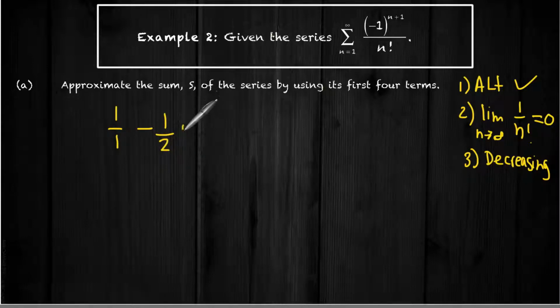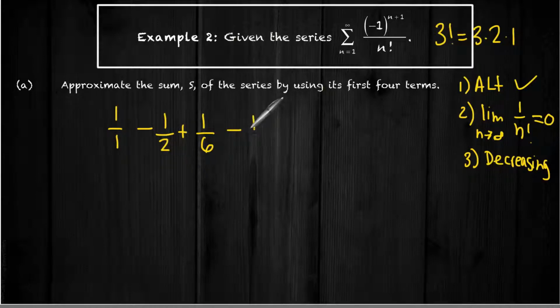And then it's going to alternate to 1 over 3 factorial. And once again, let's remember factorial is 3 times 2 times 1. So that's going to be 6. And then the next one is going to be minus 1 over 4 factorial, which is 24. And then 1 over 5 factorial, which is 1 over 120.